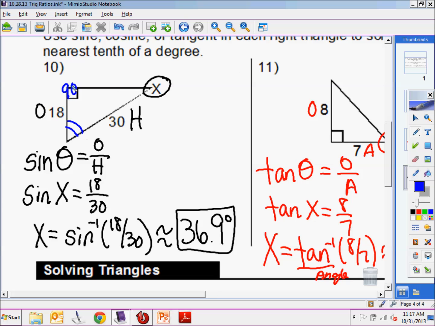All right, so if I'm looking for this angle, and I know that this means 90, and I know that this angle is approximately 36.9, what would I do to solve for this missing angle? Add those and subtract from 180. Okay, I would add those two up and subtract from 180, or just put 180 minus 90 minus 36.9 in the calculator, right? And that would give me this unknown angle.